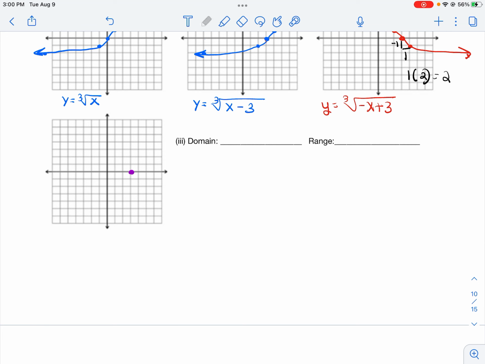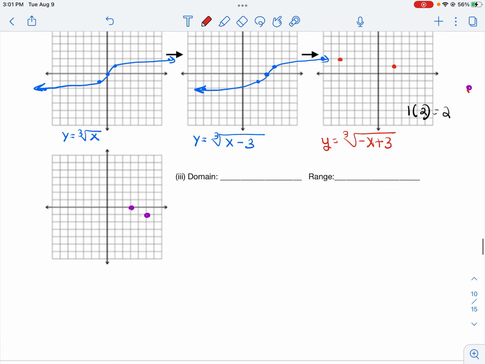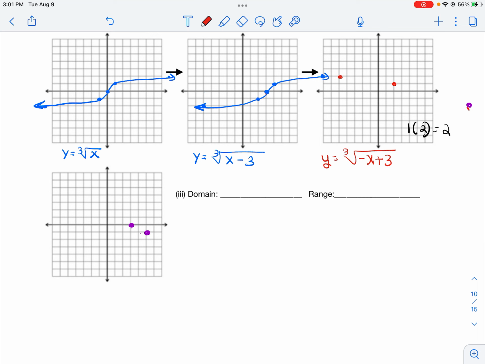So from that key point here, I need to go down 1 and then over 2. I'm changing the y value because this is a vertical stretch. And then from our next point here, I had gone down 2 over 8.